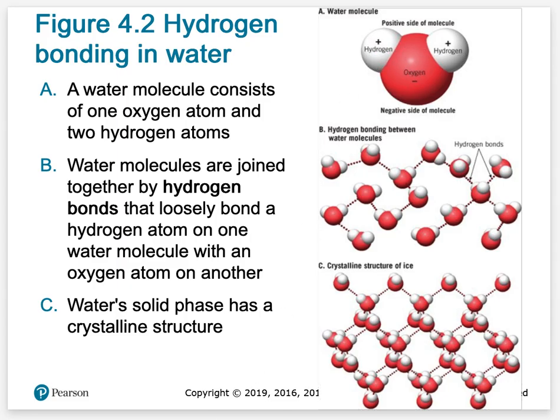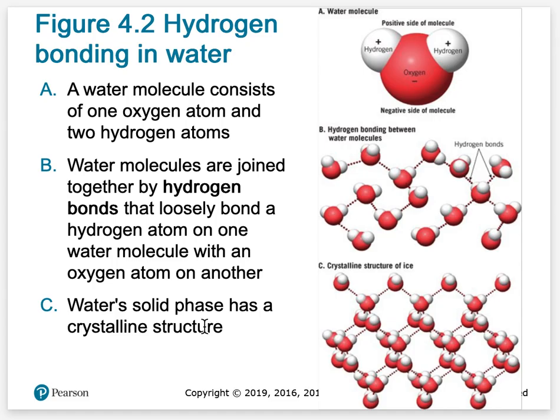Because oppositely charged particles attract, a hydrogen atom on one water molecule is attracted to an oxygen atom on another water molecule, which we'll see here in diagram B. Water molecules are joined together by hydrogen bonds that loosely bond a hydrogen atom on one water molecule. So we have the hydrogen atom here, and then it will connect with an oxygen atom on another water molecule like we see here. This is the process of hydrogen bonding.